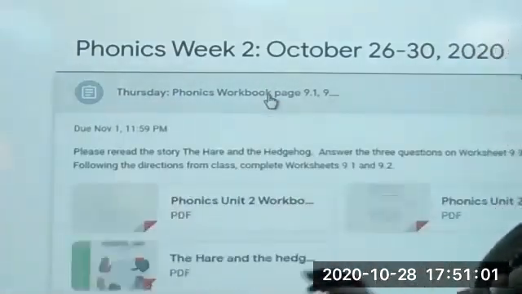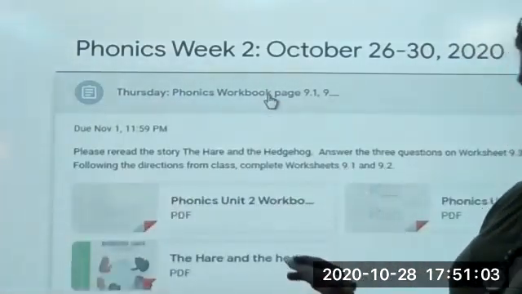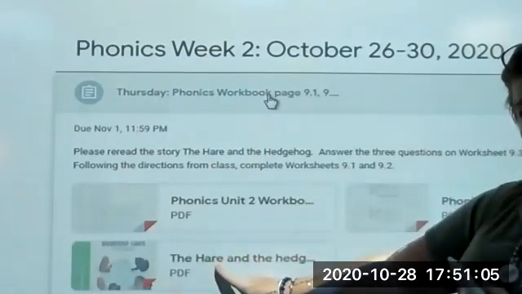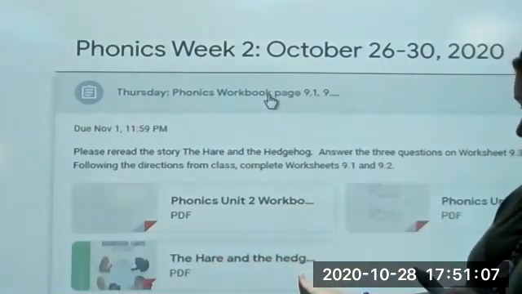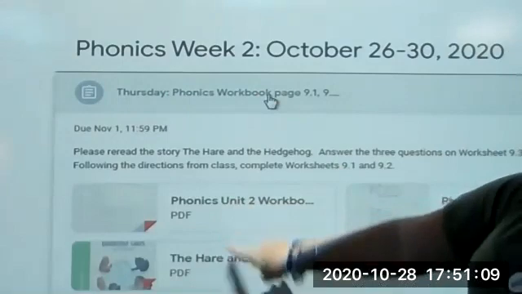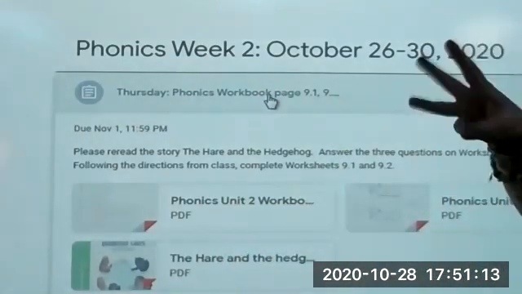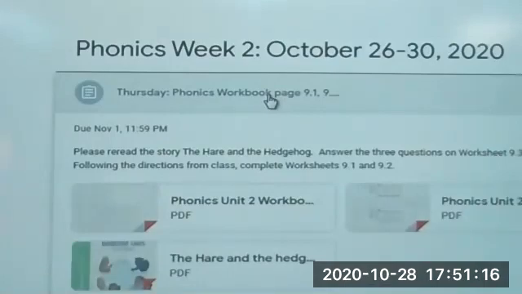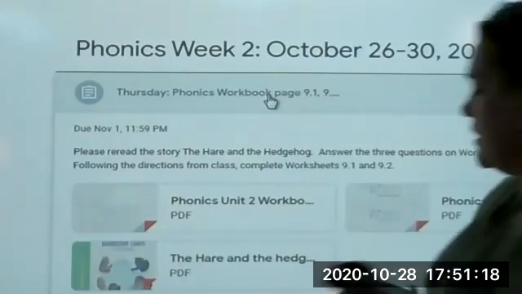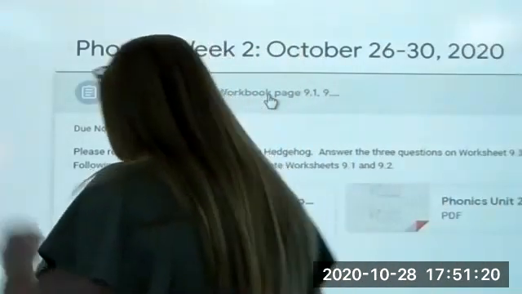Click on it. Everything that you need for phonics is in here for today. Here's the story, the hare and the hedgehog. Here are the questions that go with the story. And then here are those 3 workbook pages. All right.